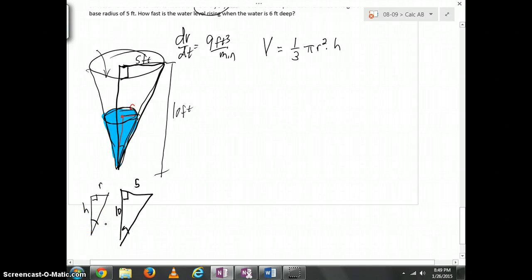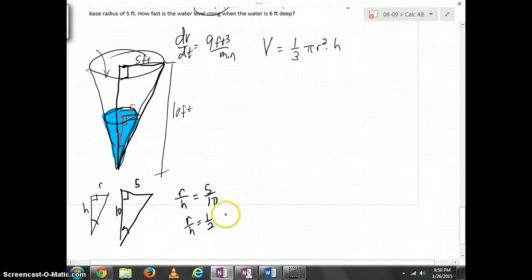This is what we call angle-angle in geometry. It means that we have similar triangles. Similar triangles mean that we can set up a proportion. r is to h just as 5 is to 10. And I'm going to reduce 5 over 10 to get 1/2. Now, we can solve for r or we could solve for h.